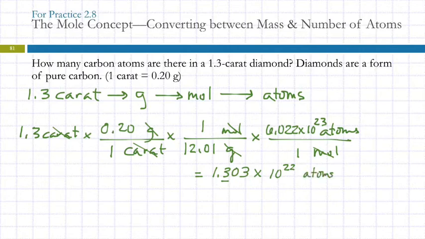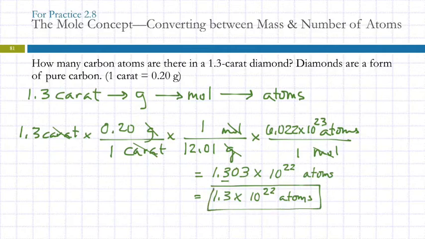Make sure that you understand how your calculator is showing you that number. Because sometimes students overlook the little times 10 to the 22, and that is actually way more important than the 1.3. Because it is not 1.3 atoms. Can you have 1.3 atoms? No, just like you can't have 1.3 people, right?